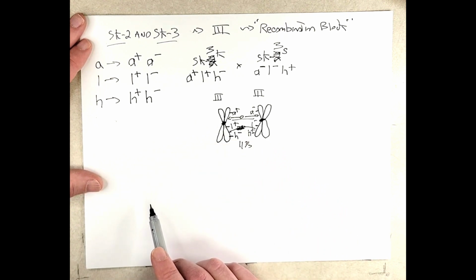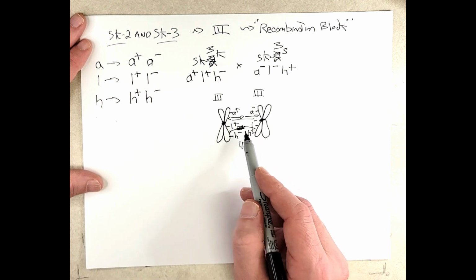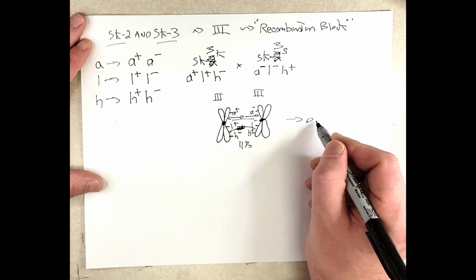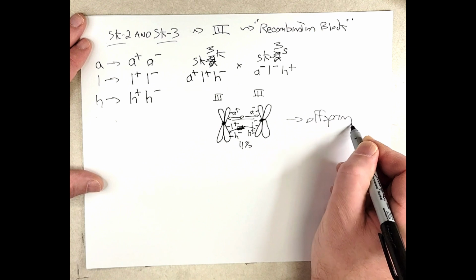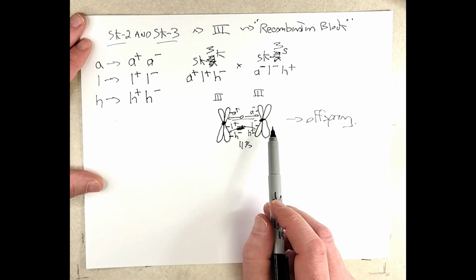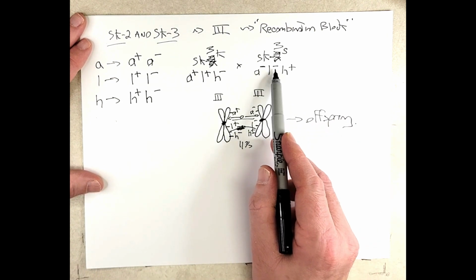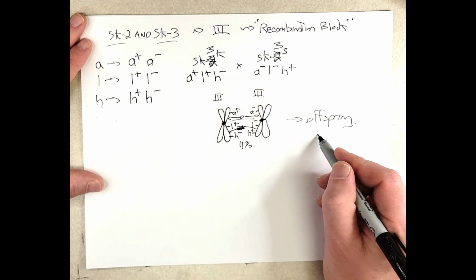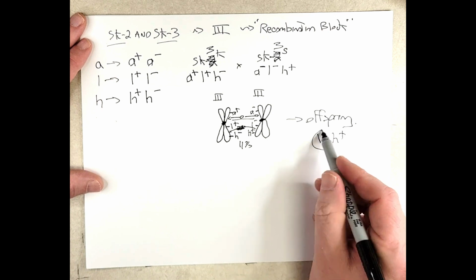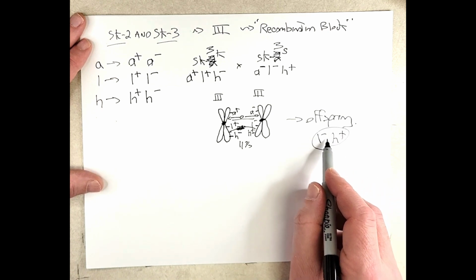So how do they determine the percentage crossing over? What they do is they look at the offspring, right? And they count the number of offspring that match the parent, let's say for L and H. If the offspring is L minus and H plus, well, no crossing over happened to form the genotype of that offspring.